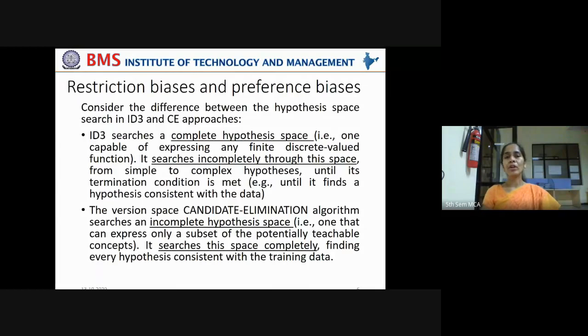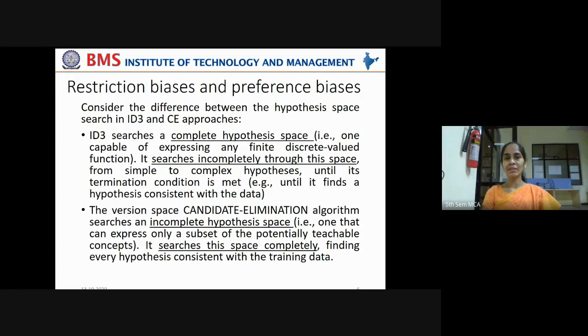Now, the important concept: restriction biases and preference biases. Let us understand, with respect to these two algorithms, ID3 and candidate elimination algorithm, what restriction bias and preference bias are. Try to understand the meaning first.